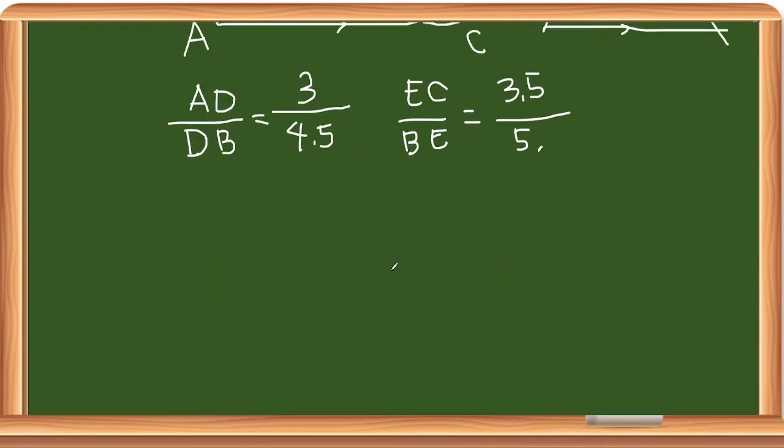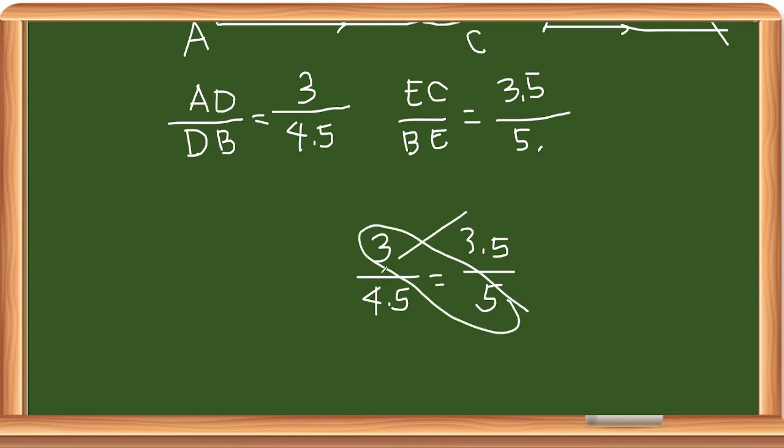Now, let's try to multiply 3 over 4.5. Is it equal to 3.5 over 5? Okay, so para masabi nating proportion, the product of the means must be equal to the product of the extremes, so we have to cross multiply. So this is 15.